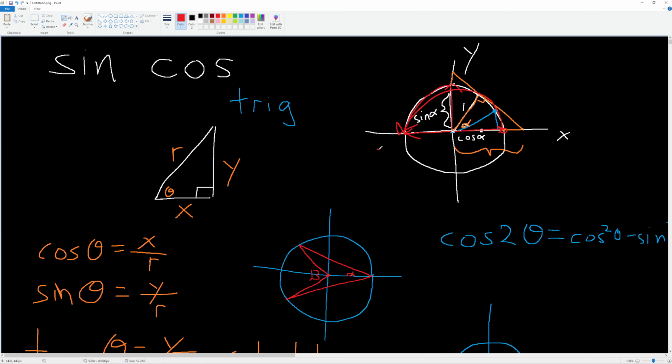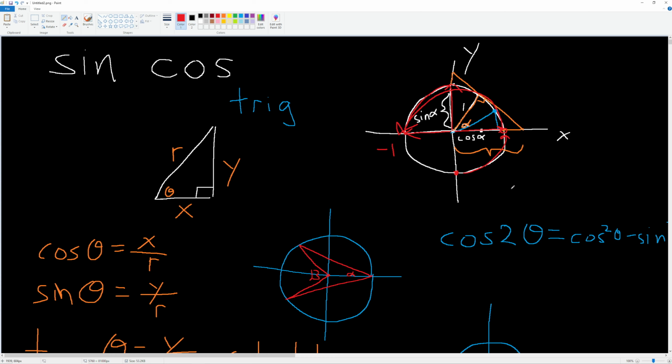So we call this a negative distance that is being projected out. Okay, so cosine over here will be -1. Here again, it will be 0. And then it goes back to being +1 over here.